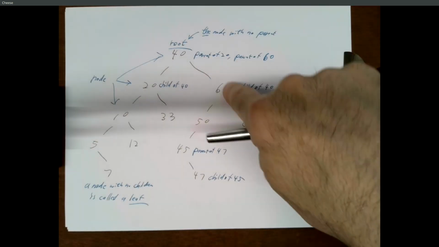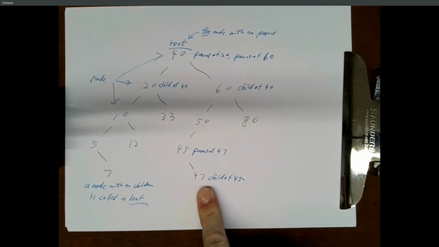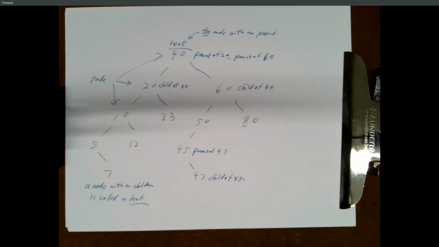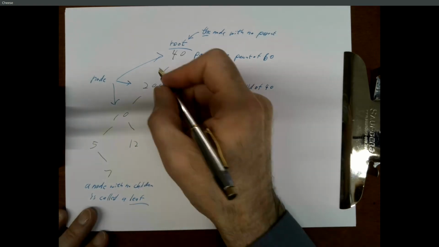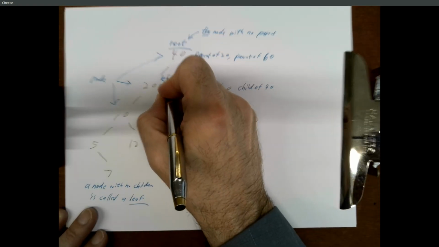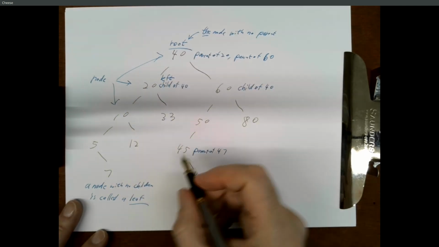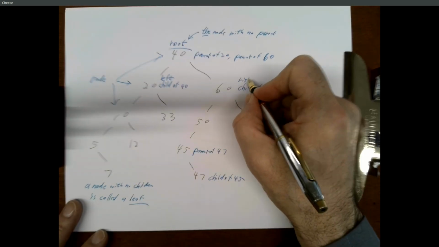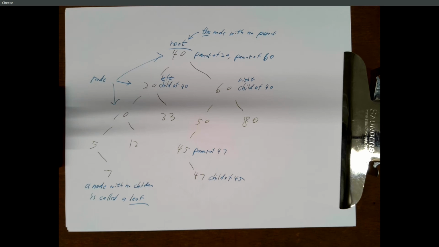So from 40, I can go to 60, 50, 45, 47, and get to that node. And it's useful when we draw these pictures to sometimes talk about left and right children. So 20 is the left child of 40, 60 is the right child of 40. And that distinction gets to be important.